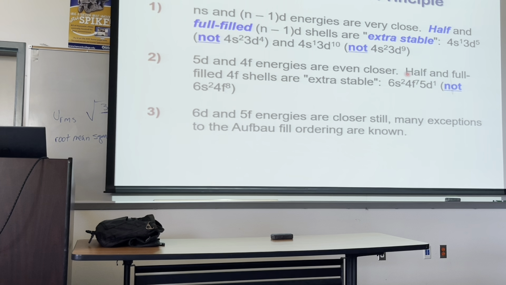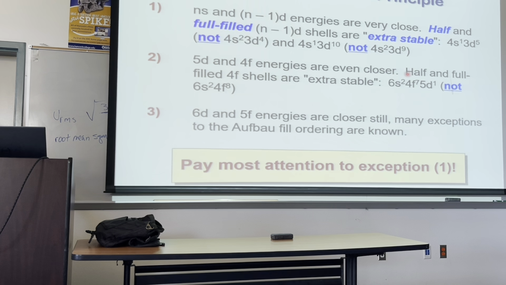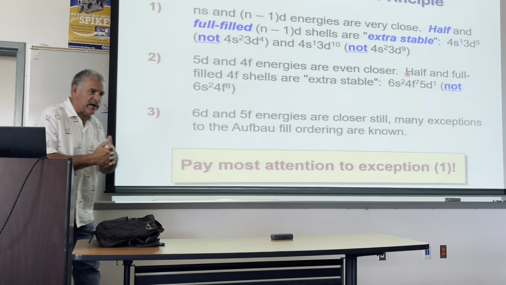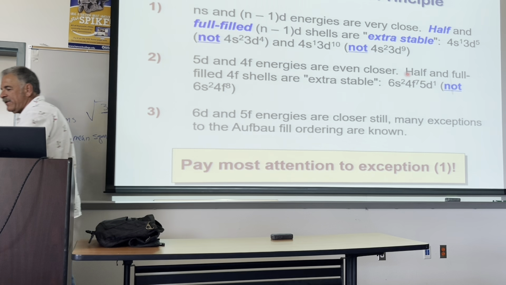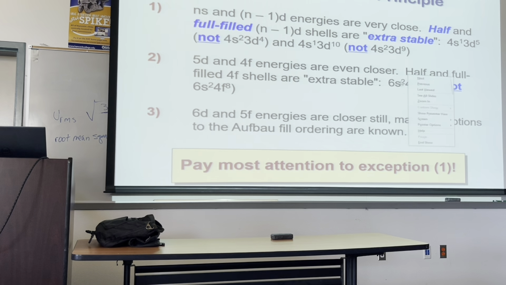For the 6f, many exceptions are known. As you get farther down and things get closer in energy, the traditional rules don't apply as much. Pay most attention to exception 1. That's usually my way of saying I'm going to put that particular element on the test, but we're not testing on this.